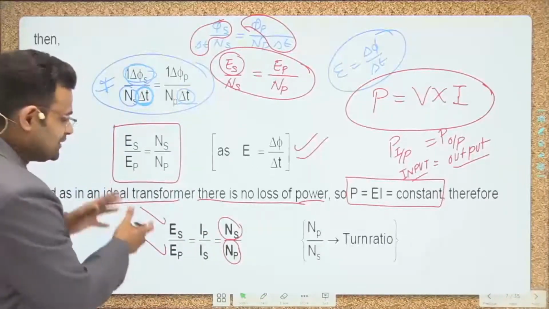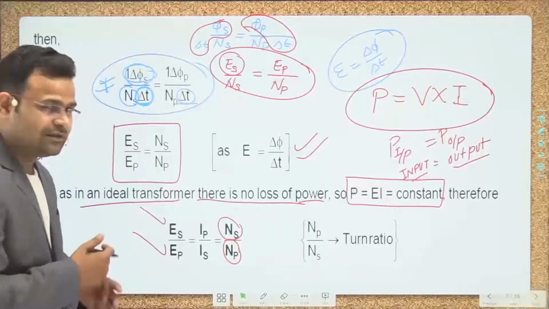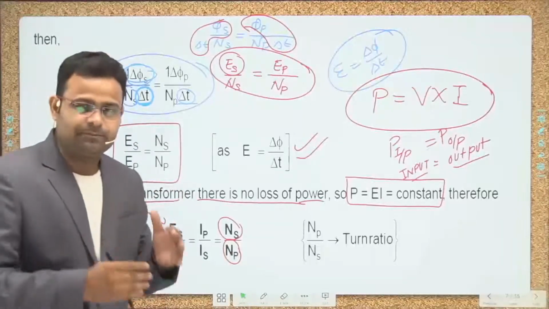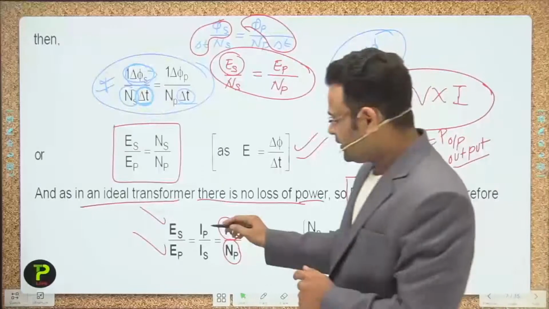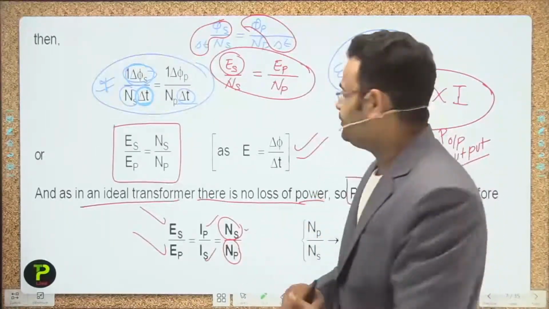But by using the concept that power is constant, we can derive one more relation, Ip upon Is: I for current, P for primary, S for secondary. Current in the primary coil, current in the secondary coil. So what do you mean by that?